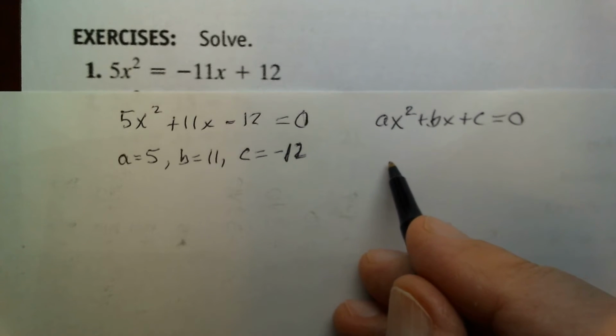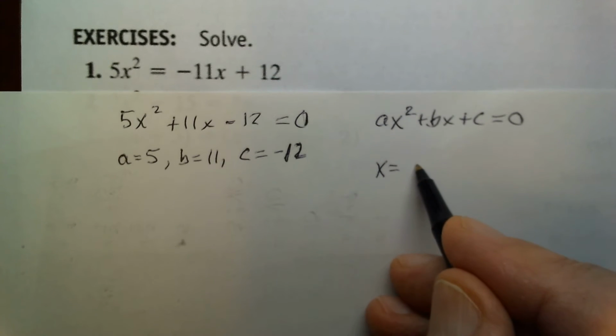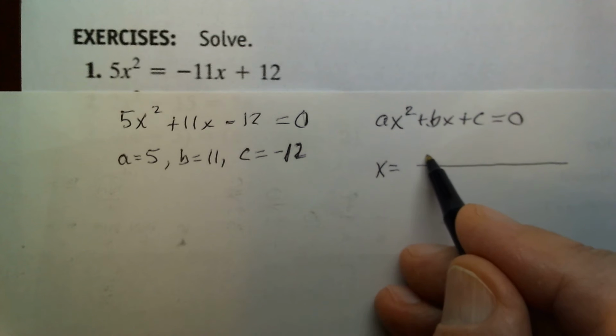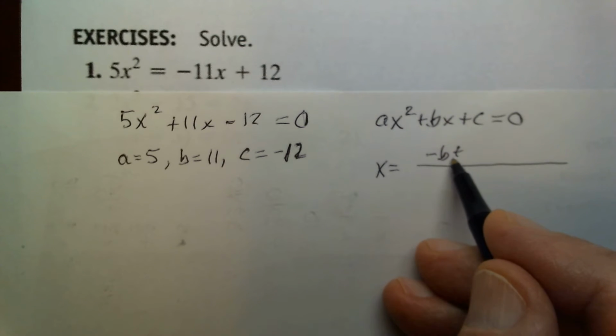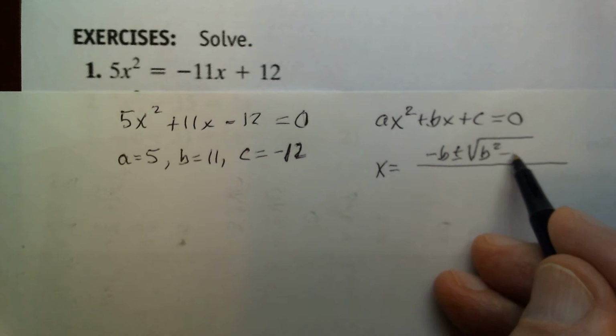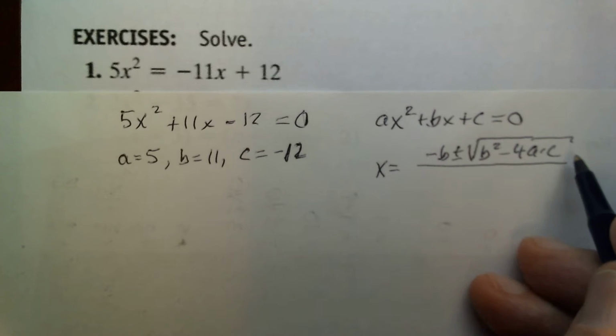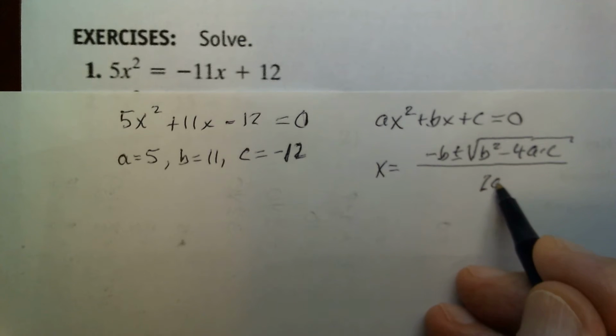So we know that the solutions to this equation is x equals minus b plus or minus the square root of b squared minus 4 times a times c, all divided by 2a.